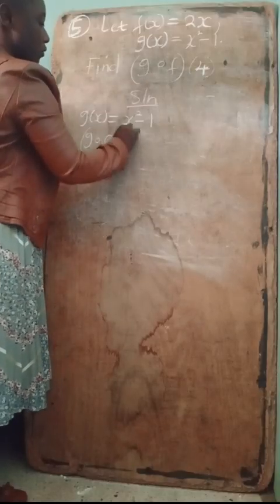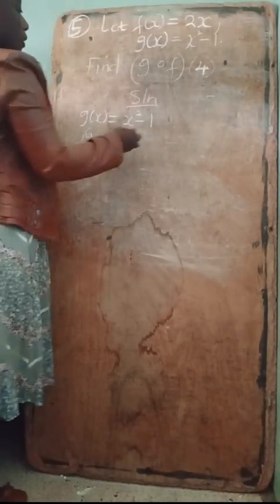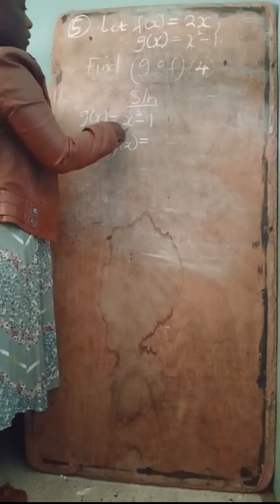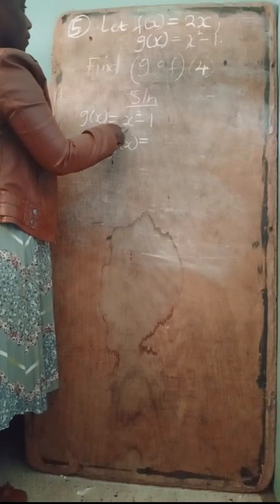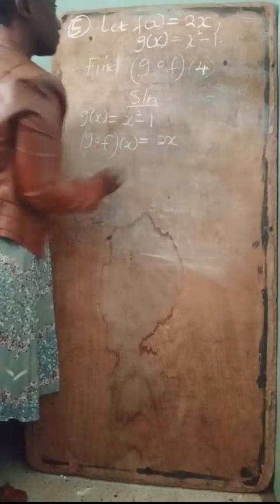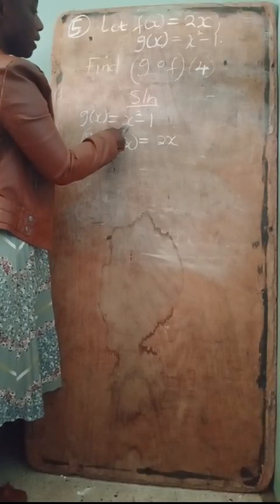So now we bring in our question. Before we put a 4, let's put X, so that we make the functions first before we place a number. So where there is X, we are putting the function of F. So we are saying 2X, remember this X here is squared.